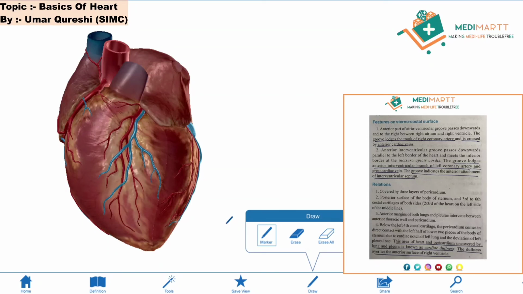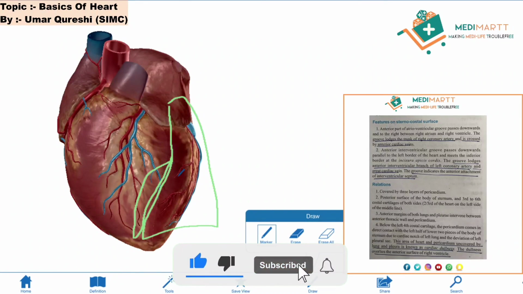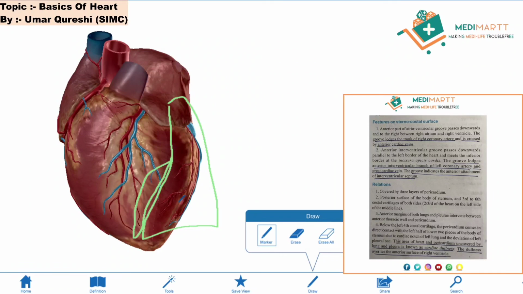The dullness overlies the anterior surface of the right ventricle. As this is the cardiac notch, we just discussed that the pericardium is directly in contact here, and this portion of the heart and pericardium is called the cardiac dullness.